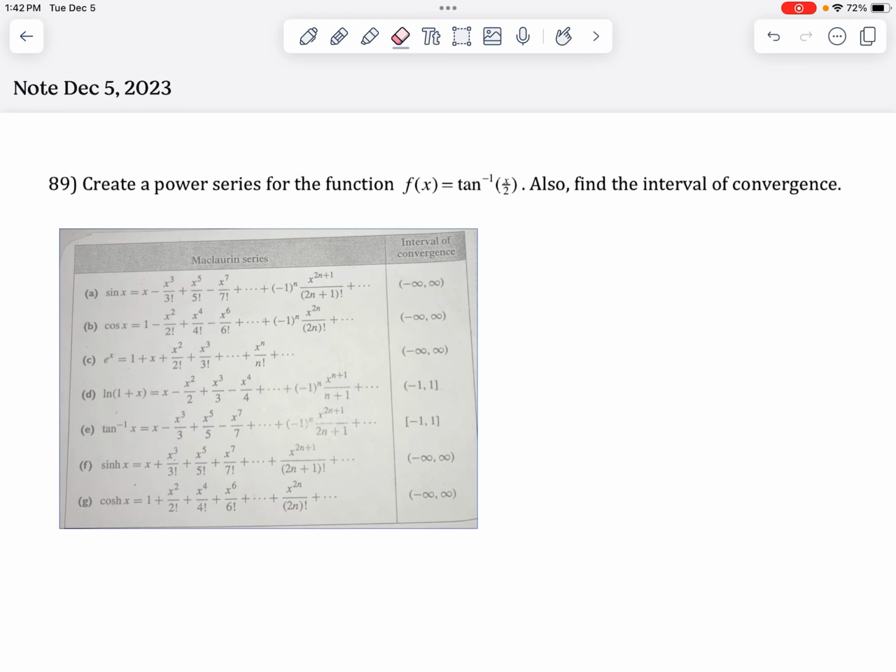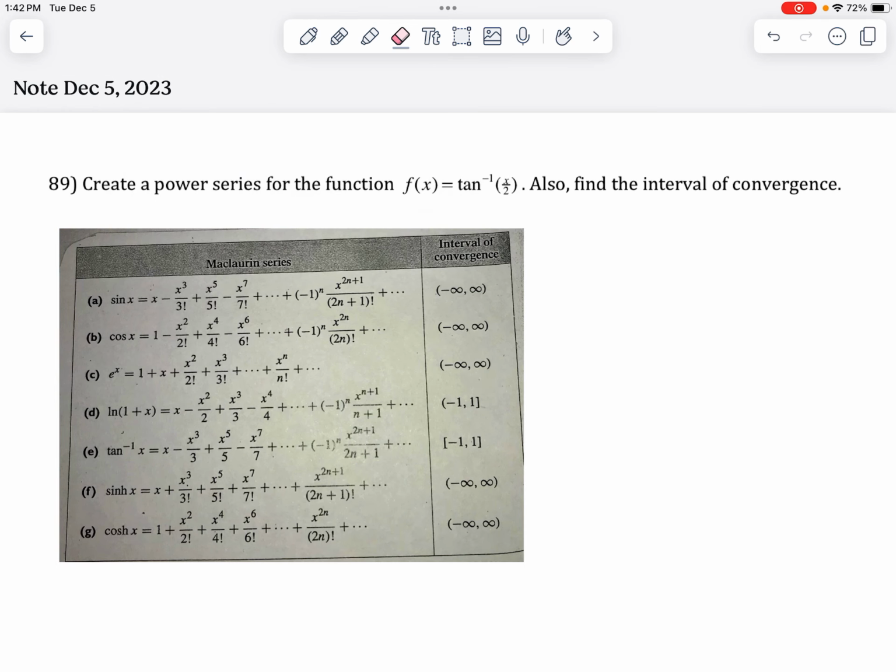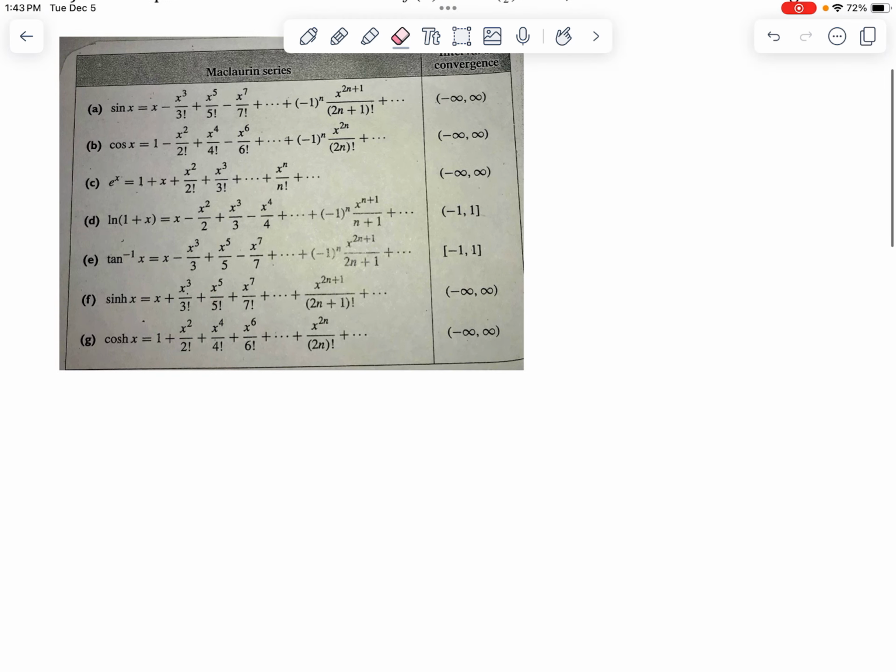little helper right here. And if you look at letter E, it then tells us what the series for tangent inverse is. So we could start with that. So tangent inverse of x is equal to the sum, and then I'm just going to jump over here to the formula.